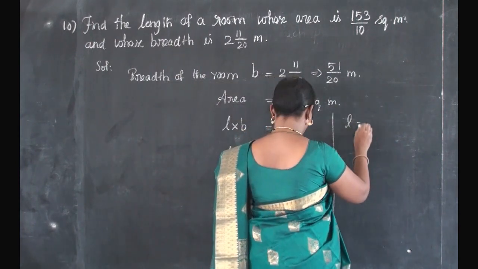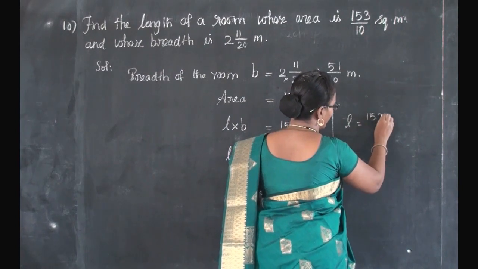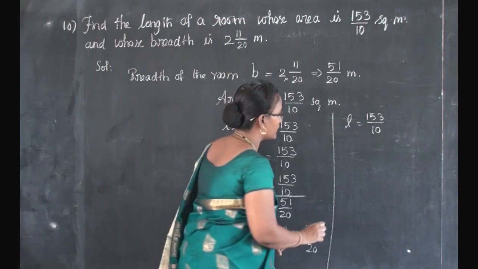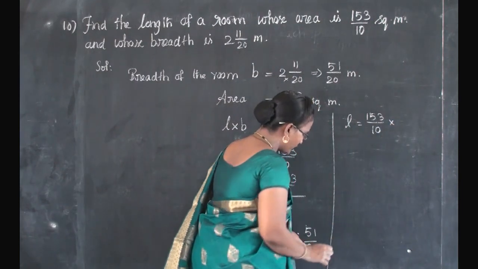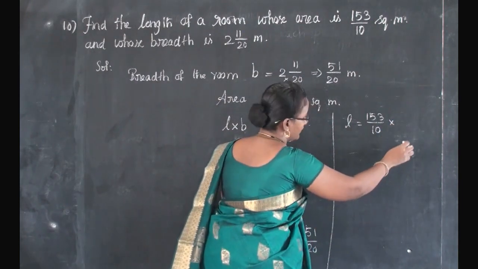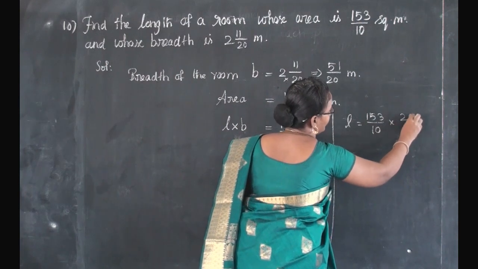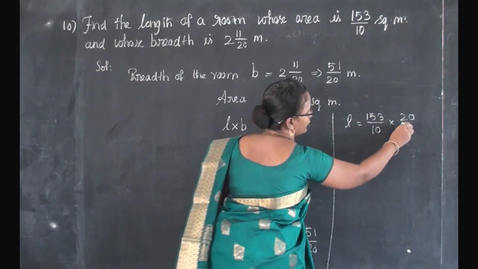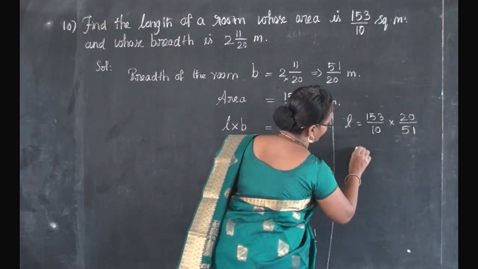This is L equal to 153 by 10. How to change into multiplication? Take reciprocal for the next number. So what is the reciprocal for 51 by 20? It is 20 by 51.